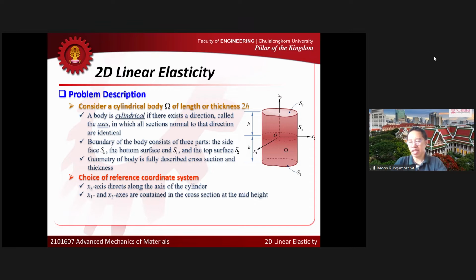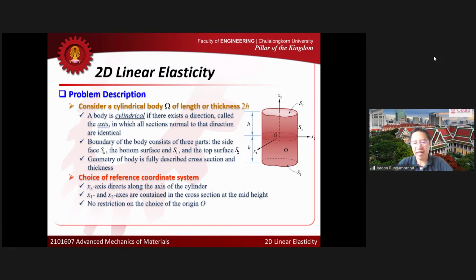Here, X1 and X2 can be in any direction, except that they have to be contained in the cross section at the mid height and perpendicular to each other. There is no restriction on the choice of the origin O.